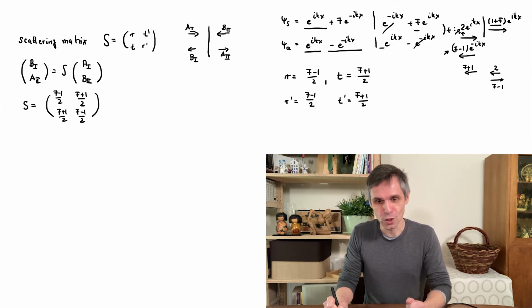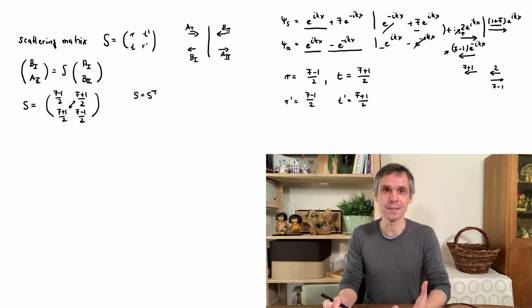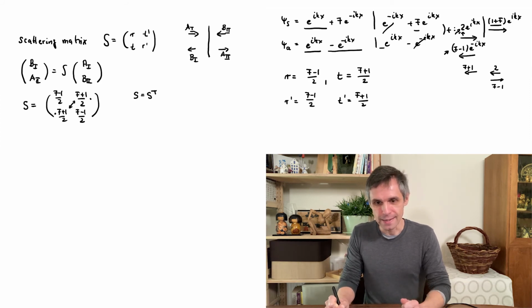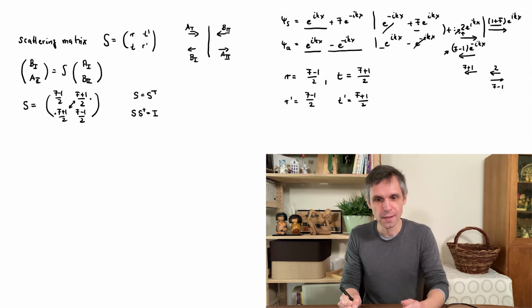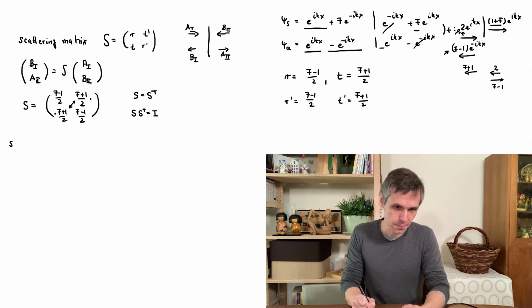And the first one is just to realize that this scattering matrix is a symmetric matrix. So when we transpose it, then the matrix just remains the same, and this is simply because these two off-diagonal elements are identical. And secondly, when we multiply the scattering matrix with its Hermitian conjugate, we just obtain the identity matrix. So let me briefly work this out.